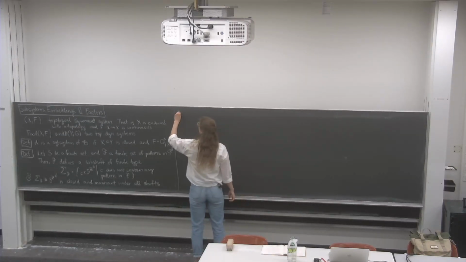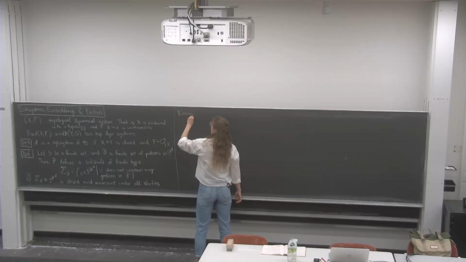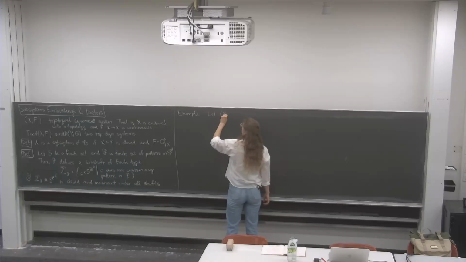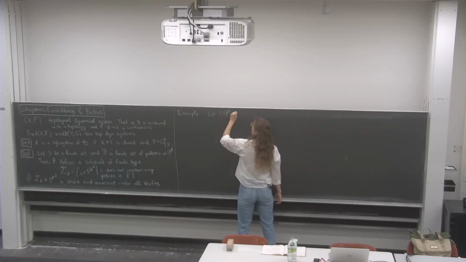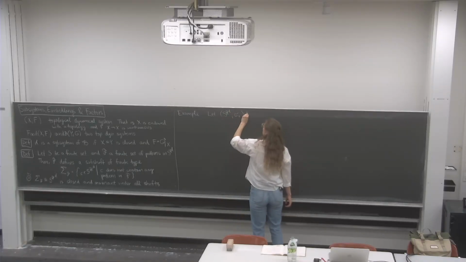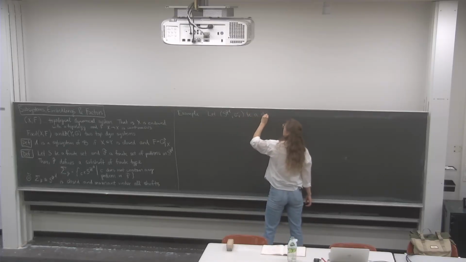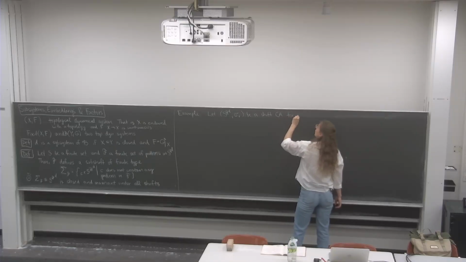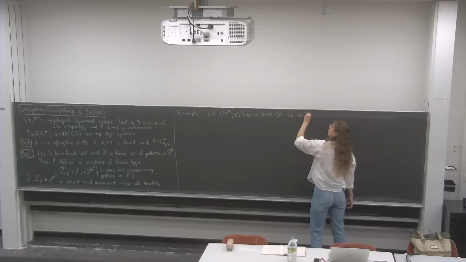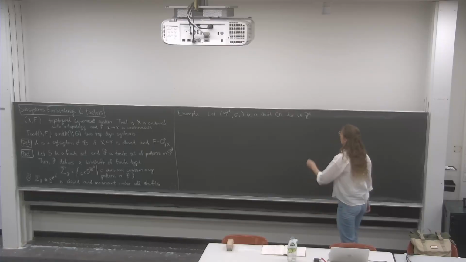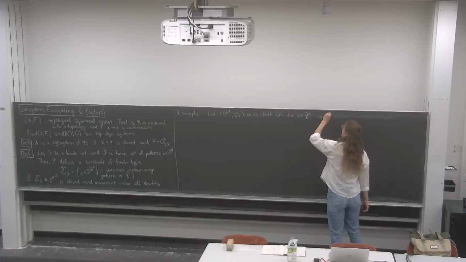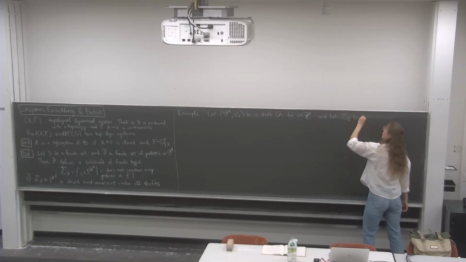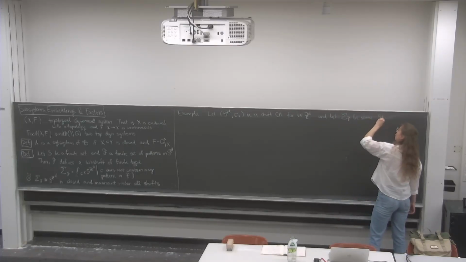So let S to the Z to the D and sigma V be a shift CA for some vector from Z to the D, and let sigma F be some subshift of finite type.